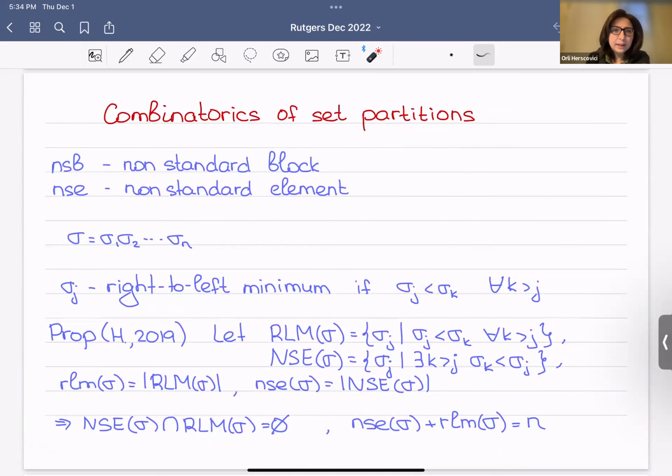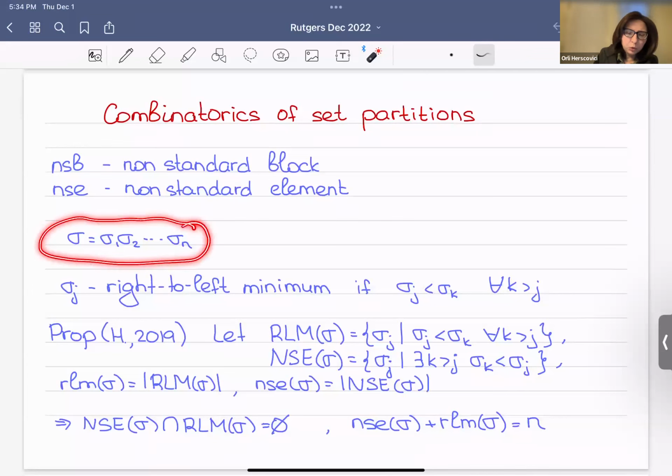So now let's consider again the combinatorics behind these coefficients. We already saw two statistics, NSB and NSE, non-standard block and non-standard element, which we are enumerating in the two-sharp polynomials. But now let's step away from partitions and talk a little bit about permutations.